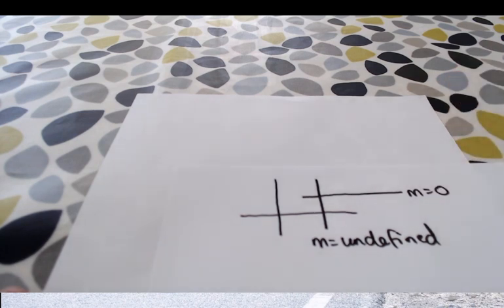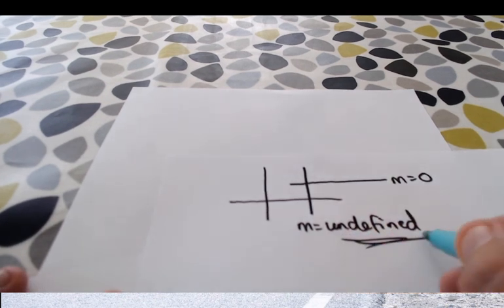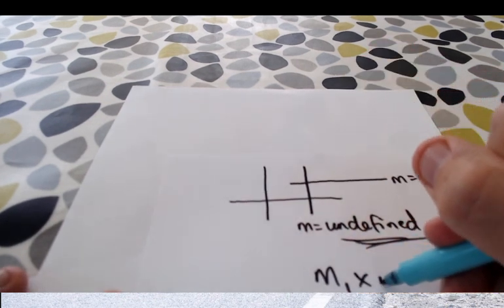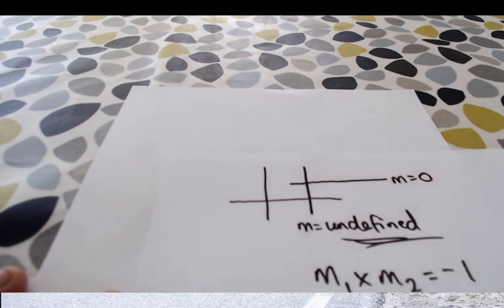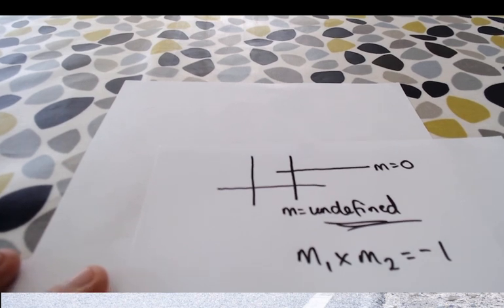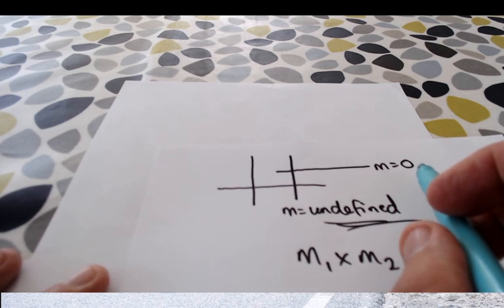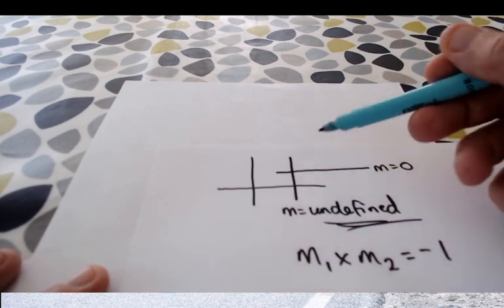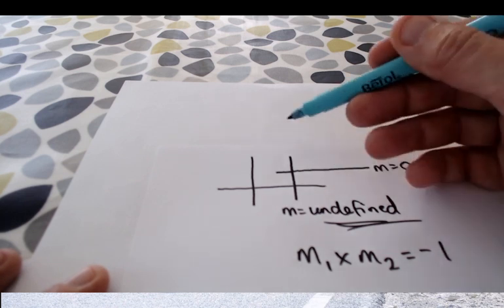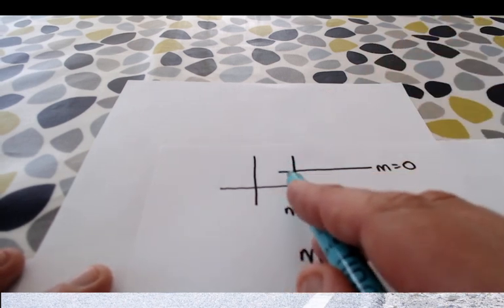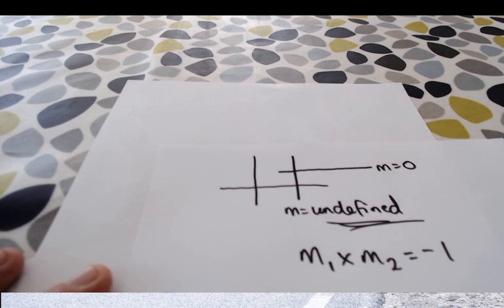Now we can clearly see that these lines are perpendicular to each other, but because this one is undefined, we cannot use the formula, because we can't multiply by something that's undefined. It's impossible. So if you come across a line which has a gradient of 0, you're just meant to know that the perpendicular line is going to be undefined. If you come across a line which is undefined, you are meant to know that the perpendicular line is going to have a gradient of 0. That is just a fact. You're meant to know. You're not meant to try and use the formula.